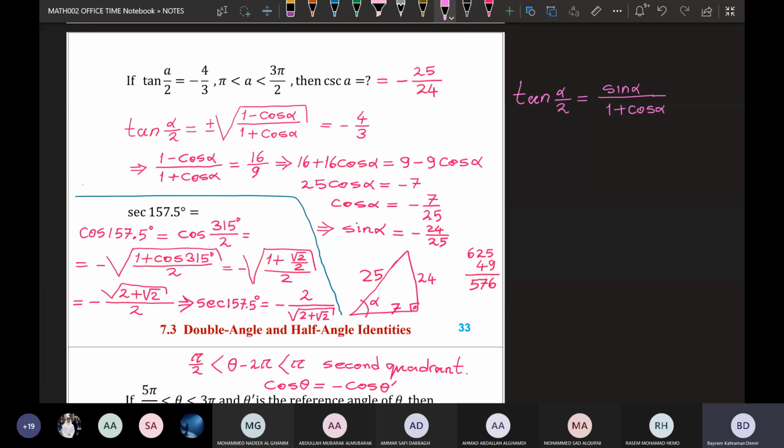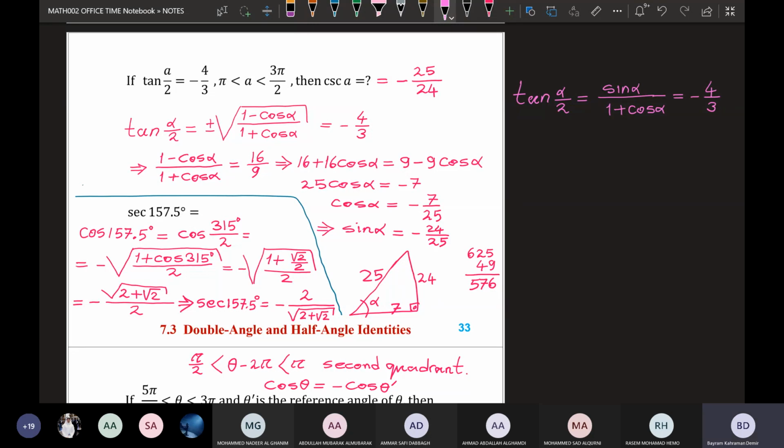We could also use this one because they say it is equal to negative 4 over 3.